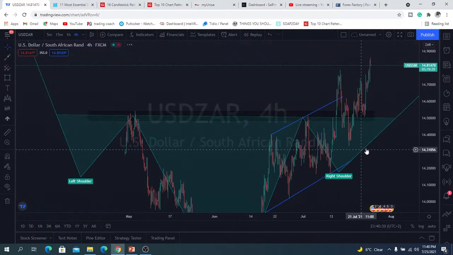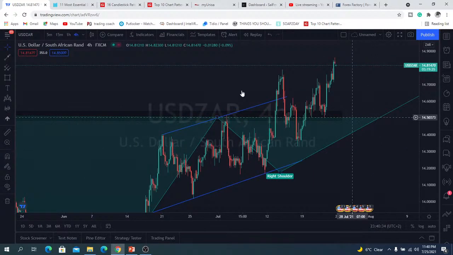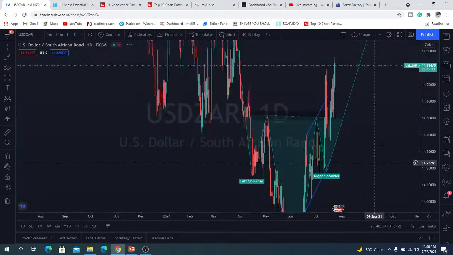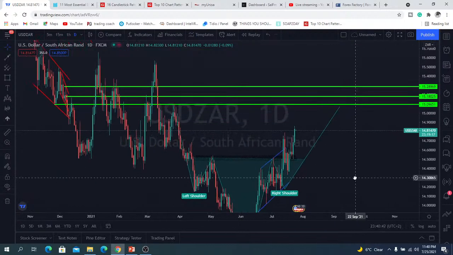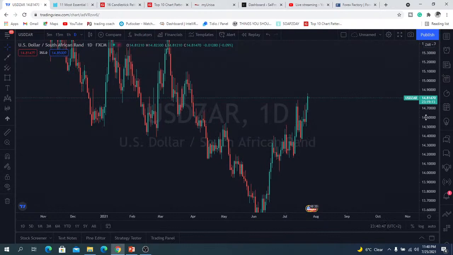USD ZAR. Seems like we have a head and shoulders right here. There's too much going on here, man. Too much going on.